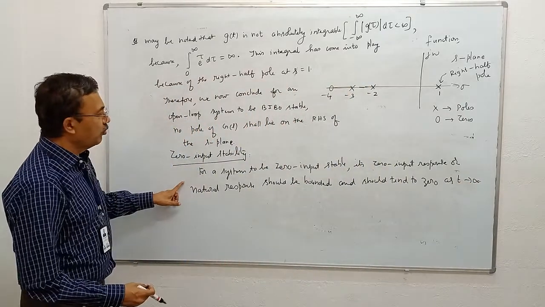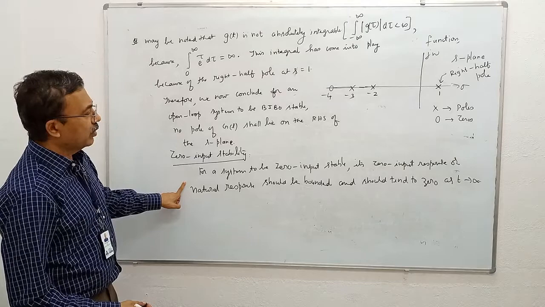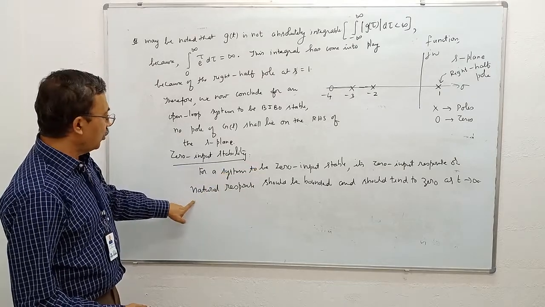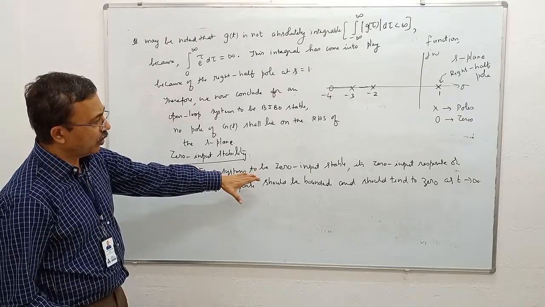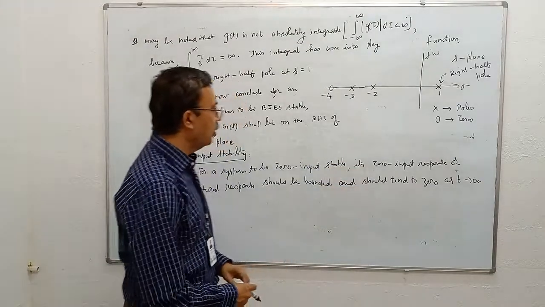For a system to be zero input stable, its zero input response or natural response should be bounded and should tend to zero as t tends to infinity.